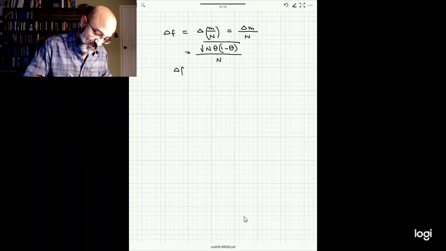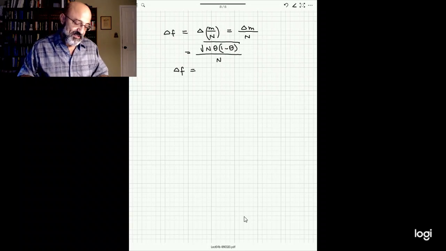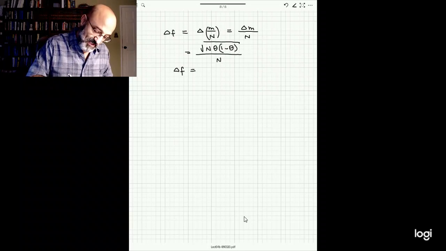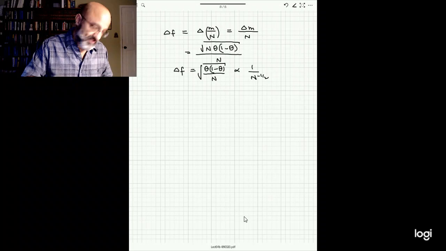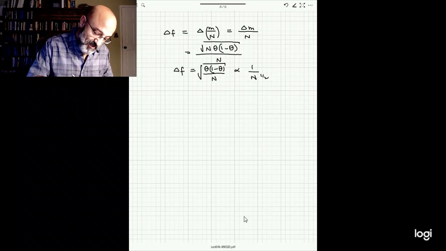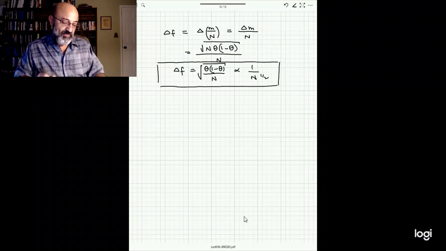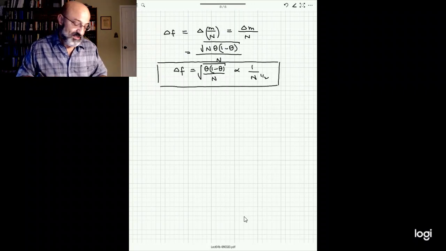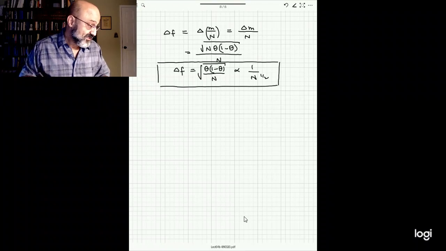So the standard deviation for the frequency is going to be the square root of theta 1 minus theta divided by n, which is proportional to 1 over the square root of n.